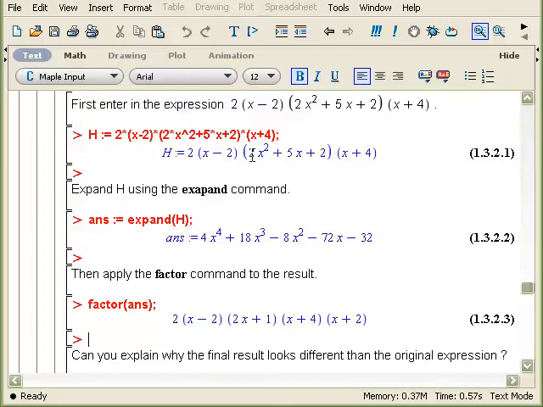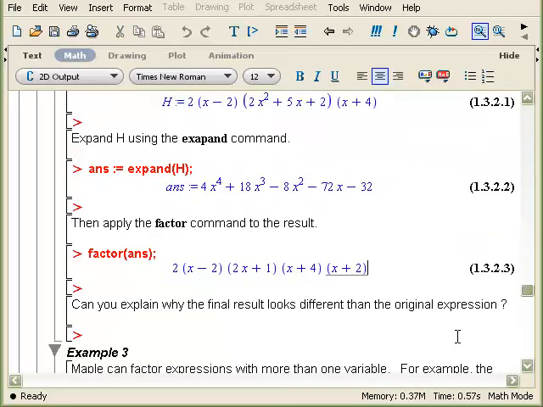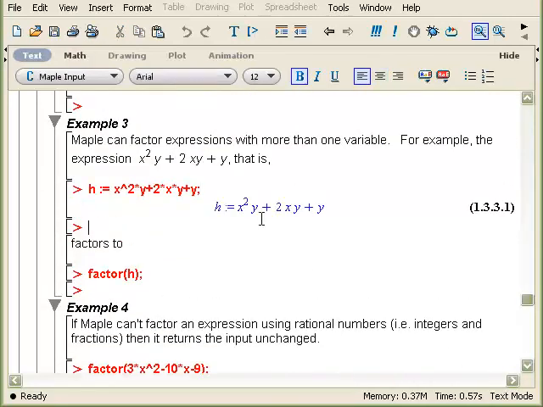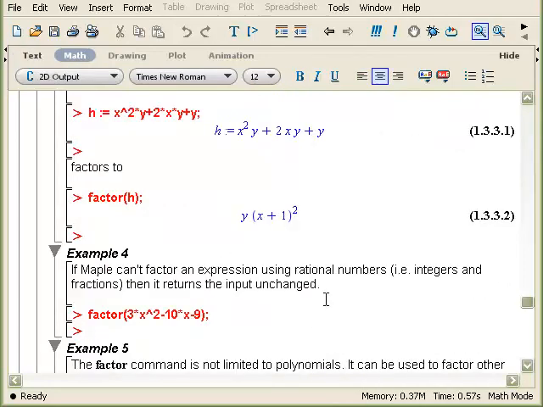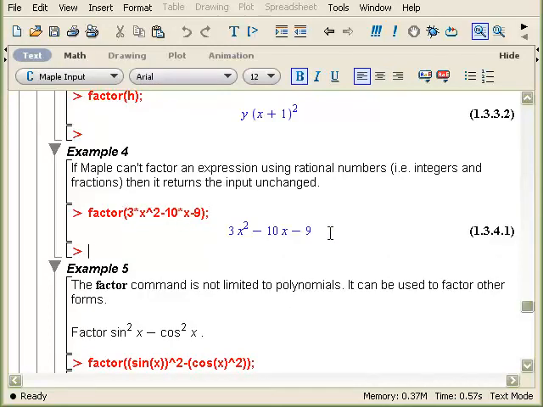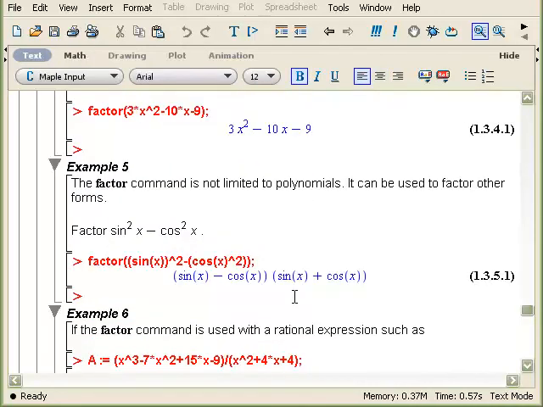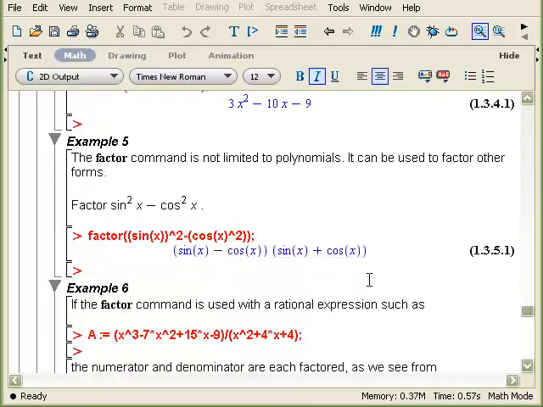Of course, at this moment, it even factors this quadratic equation, right? If h is like that, then factor will give us this result. Or factoring this whole thing is like this, because there is no factorization. Factor for this is exactly something squared minus another squared, right? So it's going to look this way.